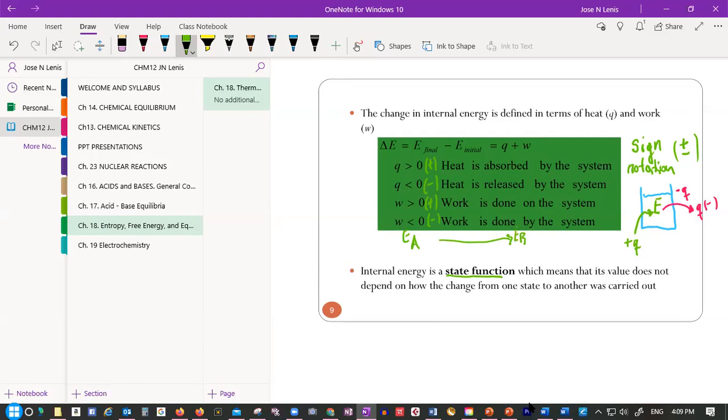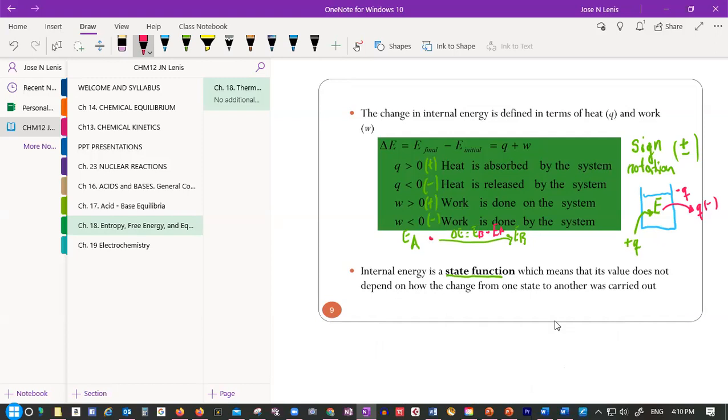between these two points is called delta E, which is the energy on state B minus the initial energy on state A. And that change of energy does not depend on how you achieve that position or that state.